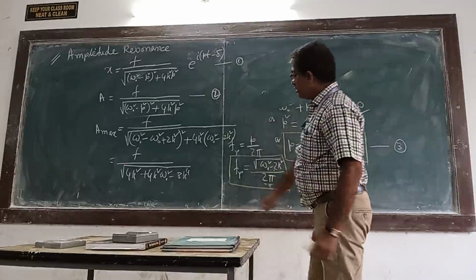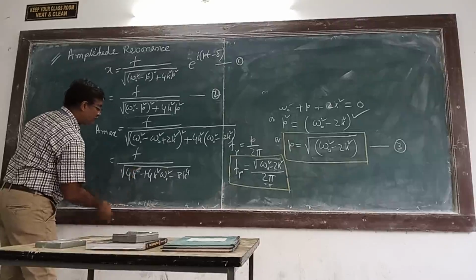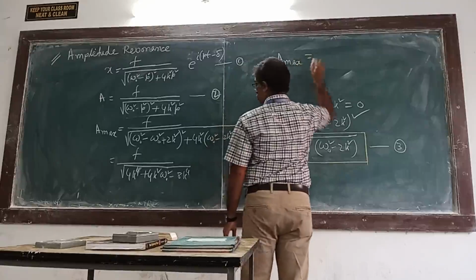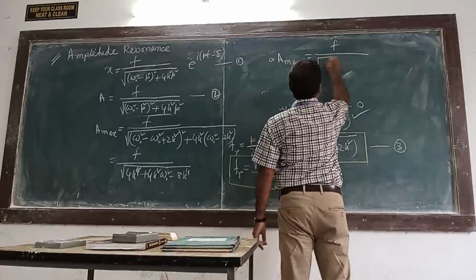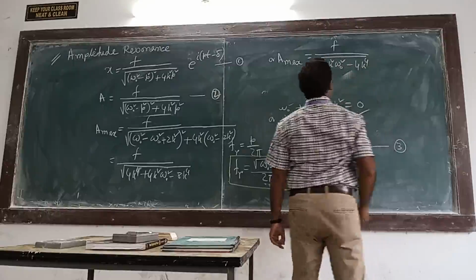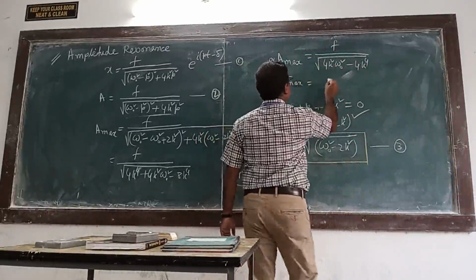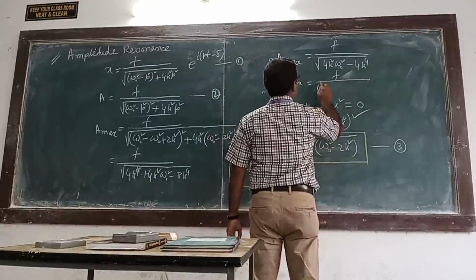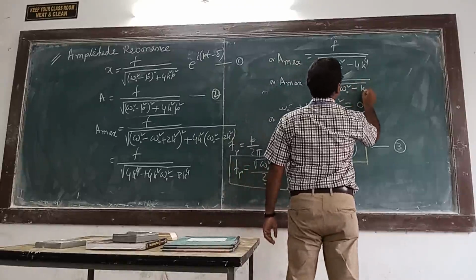So that is 4k square omega naught square minus 4k to the power 4, or A max equals F by, taking 4k square common, 2k root over omega naught square minus k square.